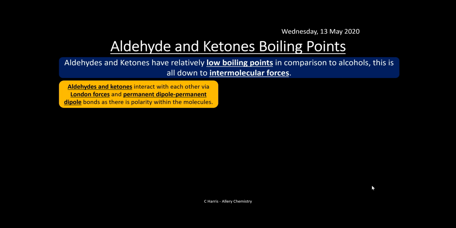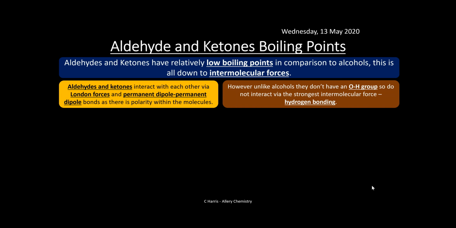Aldehydes and ketones interact with each other via London forces and permanent dipole bonds, as there's polarity within the molecules. Unlike alcohols, they don't have an OH group that can form hydrogen bonds.